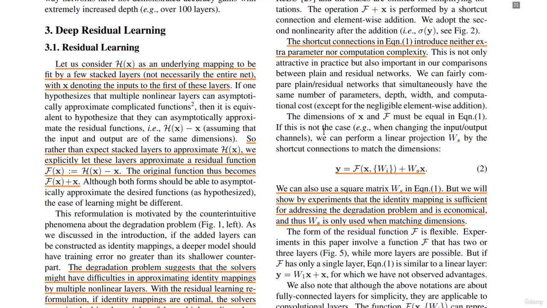If it is not the case, we can perform a linear projection ws by the shortcut connection to match the dimensions, as we can see. So we've added this linear projection ws. We can also use a square matrix ws, but we will show by experiments that the identity mapping is sufficient for addressing the degradation problem and is economical, and thus ws is only used when matching dimensions.